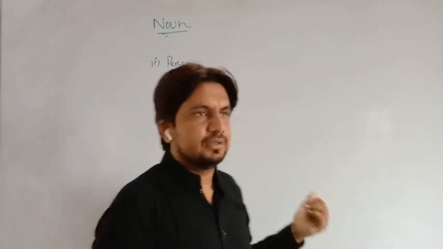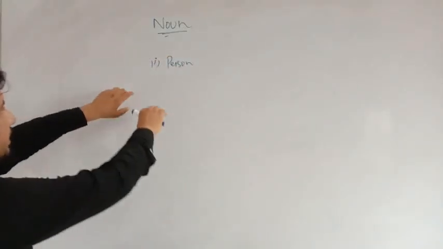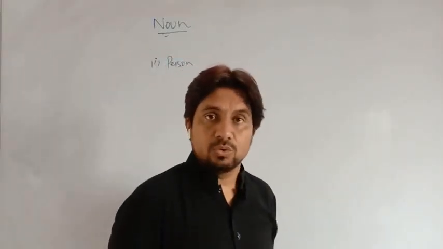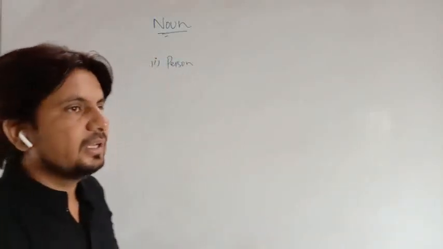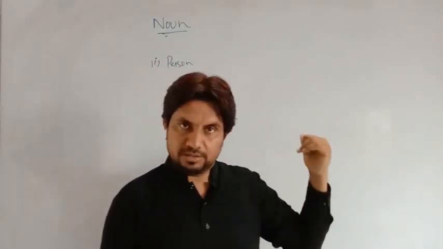Vakar is a noun. If your name is Salim, then Salim is a person. In this category we describe the names of persons. For example Aslam, Akram, Nazia, Shazia: all these names are included in noun.